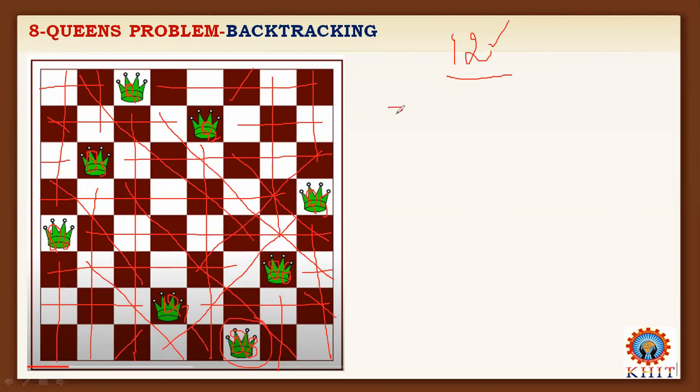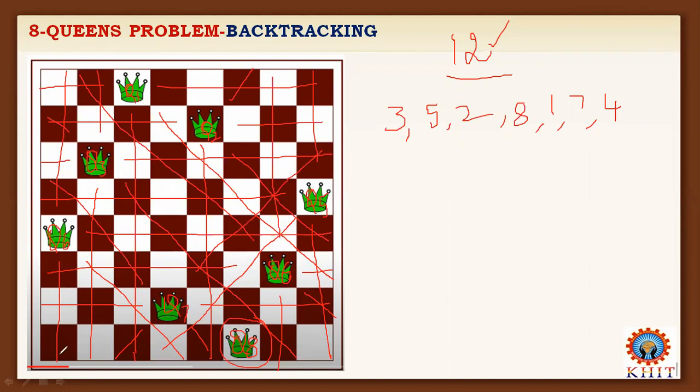First row, third place. In the second row, fifth place. In the third row, second place. In the fourth row, last place, 8th place. In the fifth row, first place. In the sixth row, 7th place. In the seventh row, 4th place.